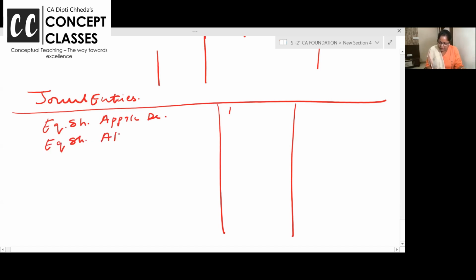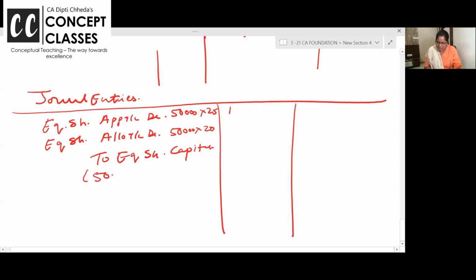Equity share allotment account debit. Application, so you have received 50,000 into 25. Now you make the allotment also. 50,000 into 20. You can do it like this, a combined entry. To equity share capital, 50,000 shares multiplied by 45.